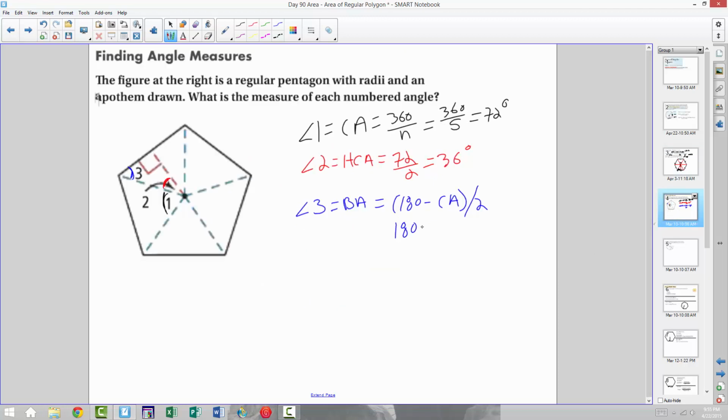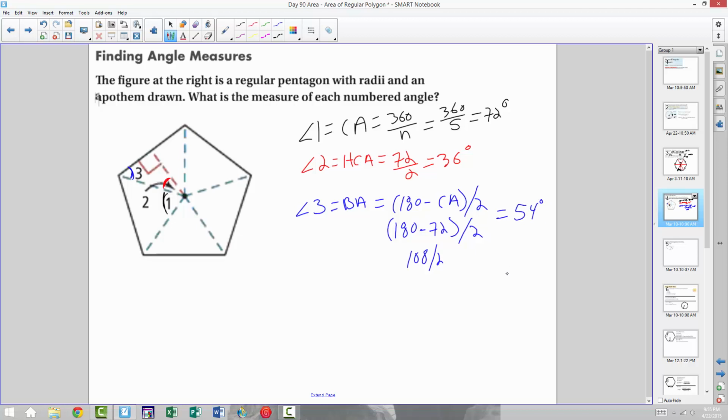So it's 180 minus my central angle, which is 72. Take all that and divide by 2. So I take 180 minus 72, that's 108. So 108 divided by 2 is 54. So my base angle is equal to 54 degrees.